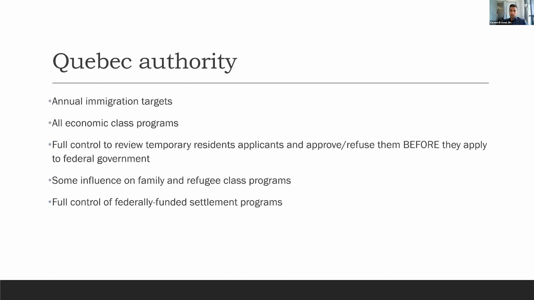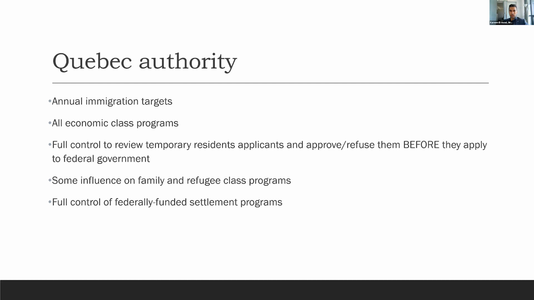Quebec is the only province with the ability to go to the federal government and say, these are the number of immigrants we would like to welcome next year. This was a privilege it was able to negotiate as part of the last immigration agreement that it signed with the federal government, which remains in effect to this day.